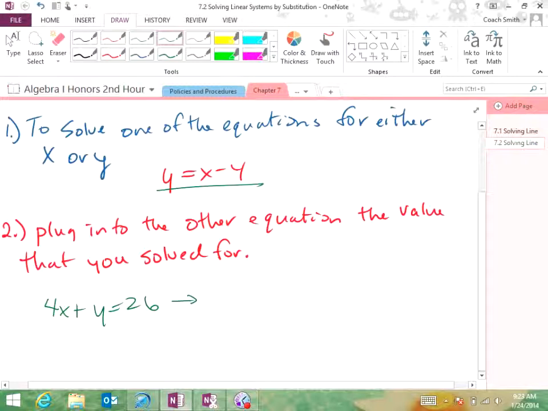So we said that y is equal to x minus 4. So our equation then looks like this. I plugged in that value for that y.